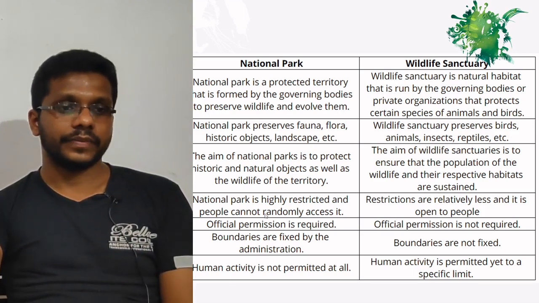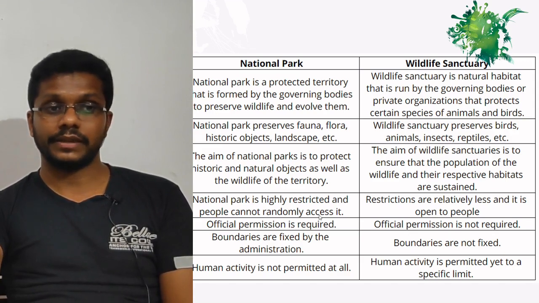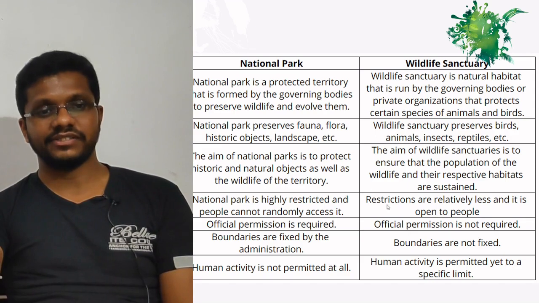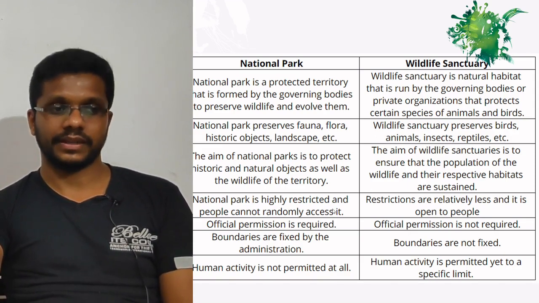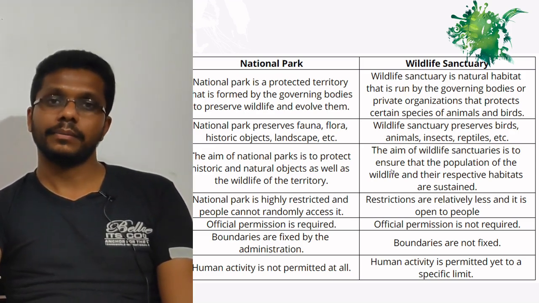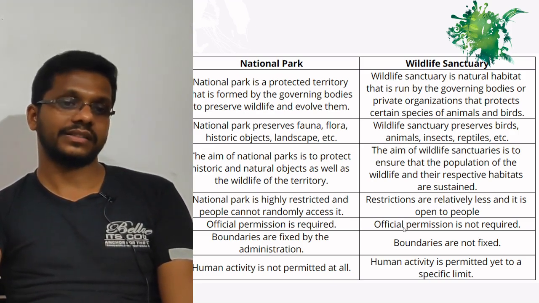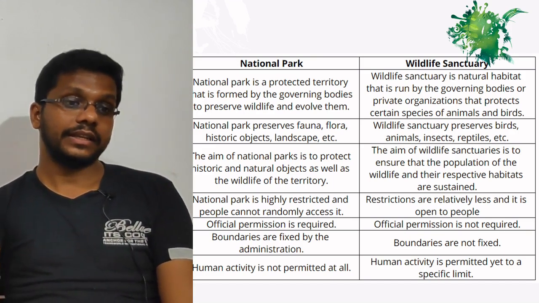National park is highly restricted and people cannot randomly access it. But wildlife sanctuaries have restrictions, though not as much as the national park. For entering a national park, official permission is required, but wildlife sanctuaries can be accessed without official permission. You can take a ticket and go in.